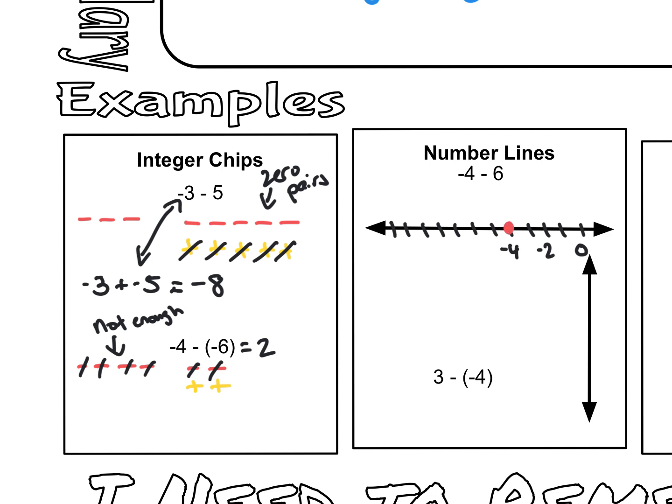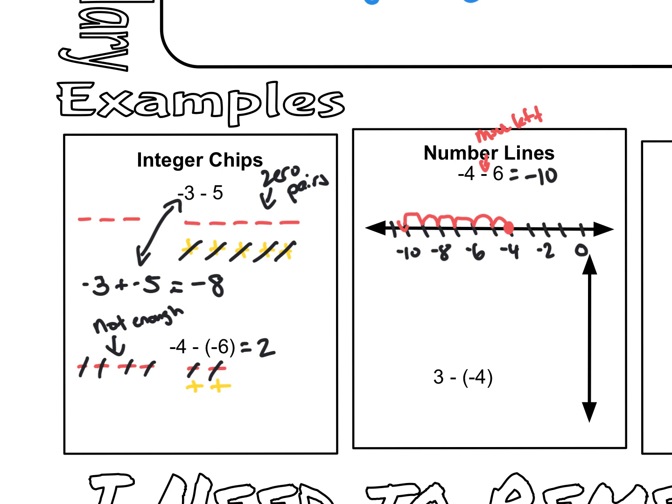I'm going to start with my point there. Subtraction on a number line means we're going to move left, so I'm going to move to the left 6 spaces: 1, 2, 3, 4, 5, 6. Counting it out, I end up at -10. So -4 minus 6 is -10.